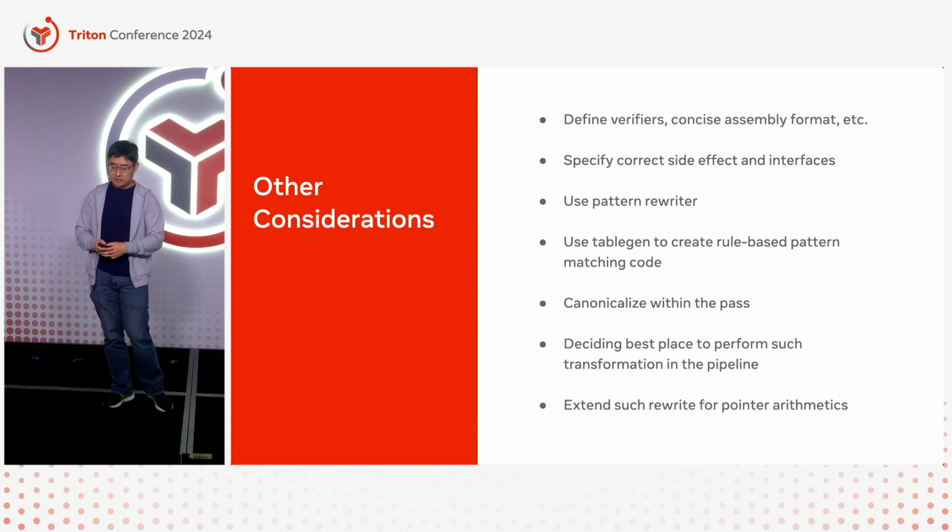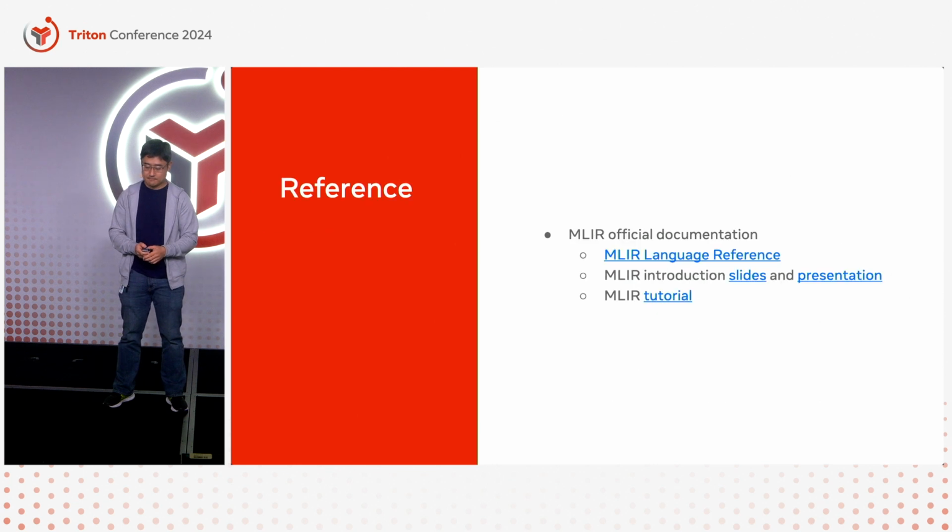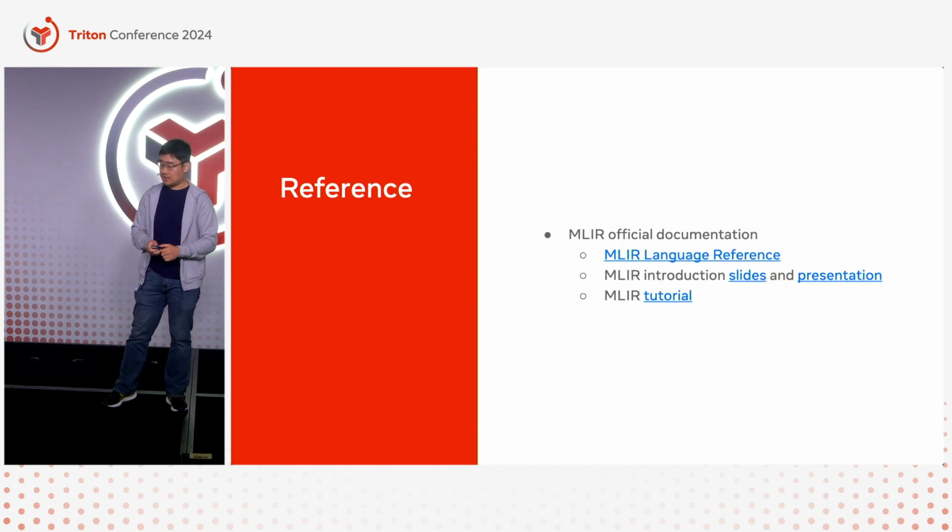Lastly, we mentioned earlier, in the example, we saw this repeated splat add sequence. If we were to materialize the tensor of pointers, we could potentially extend this rewrite for pointer arithmetic as well. So with that, I have finished all the material I have.